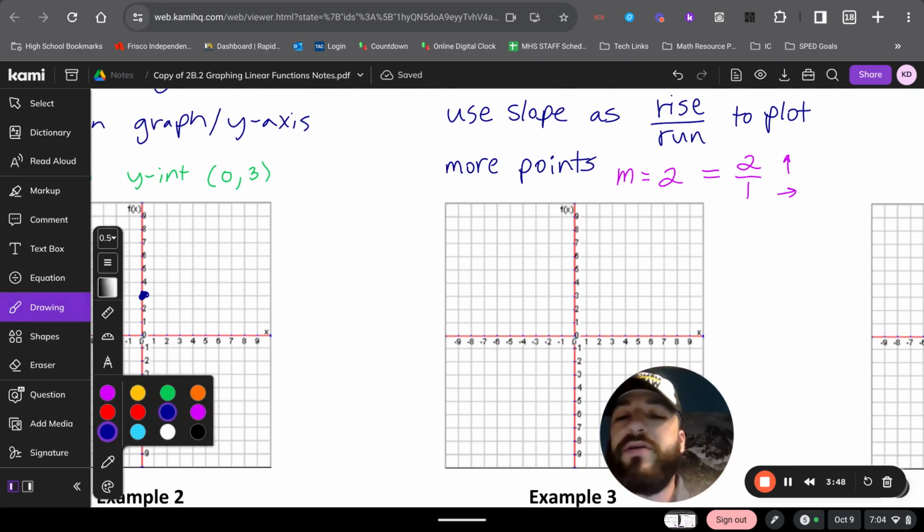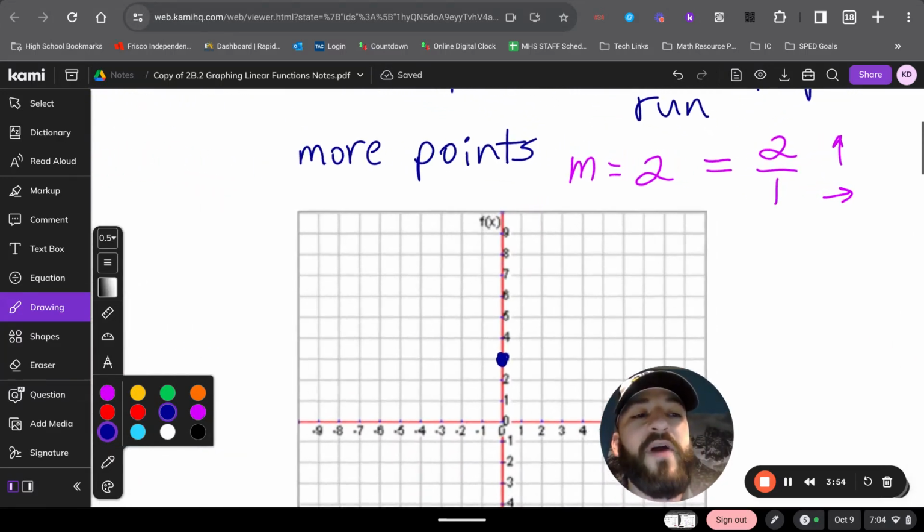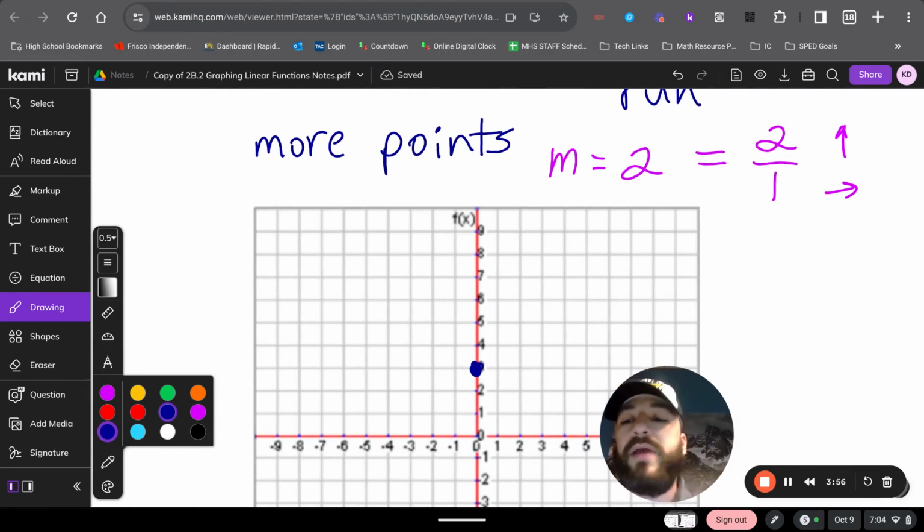And just a reminder that I do have that original point of 0, 3, our y-intercept. And then from that y-intercept, I'm going to rise by that change in y value, by that top value. So I'm going to go up by 2. So 1, 2. And then for graphing, we always want to run to the right. That's going to make sure that we correctly graph positive slopes and negative slopes.